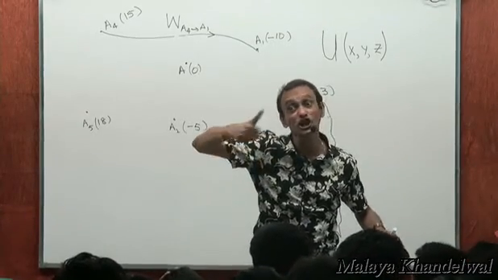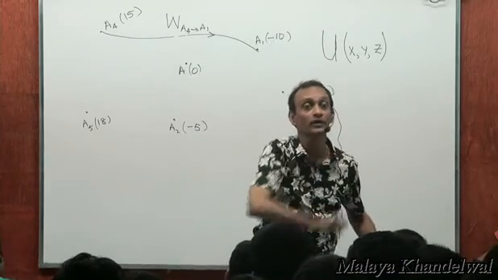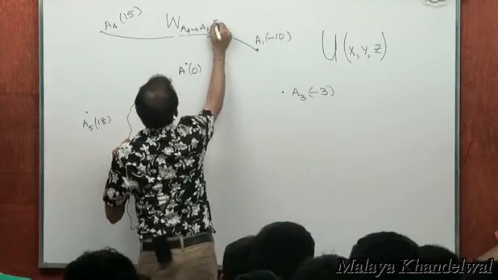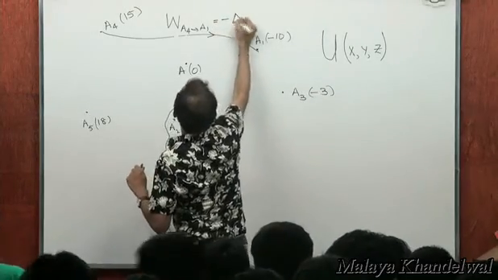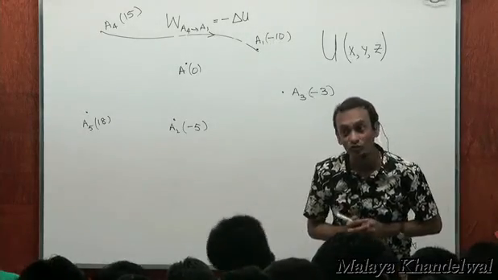Once I have this scalar field at my disposal, at my service, I would want to deploy all these numbers. The work done from A4 to A1 would be negative of the change in potential energy, right?